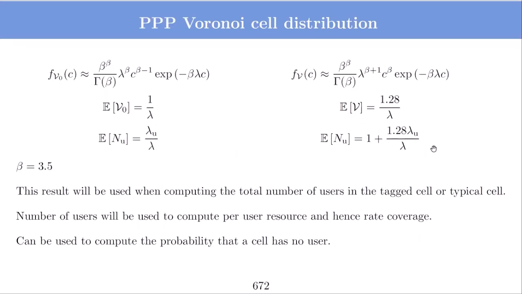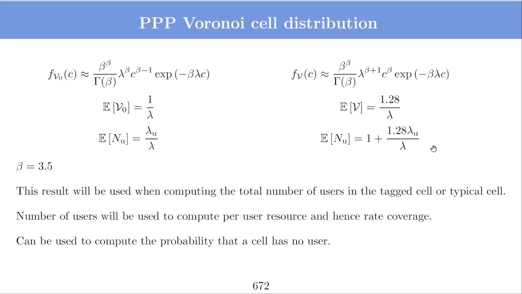Normally you would expect 10 users per base station, but just because you have picked one random user, there would be 13.8 users on average in this base station. So a random user will see more load on its base station than the average load on a base station.